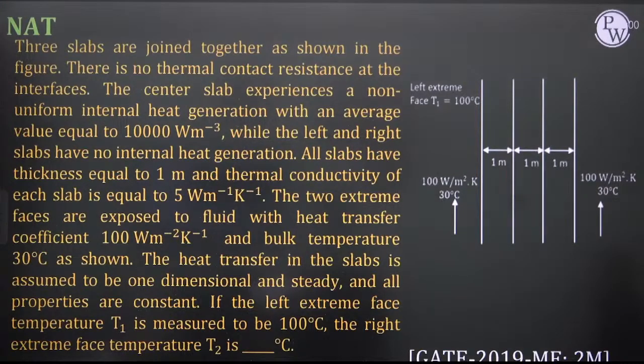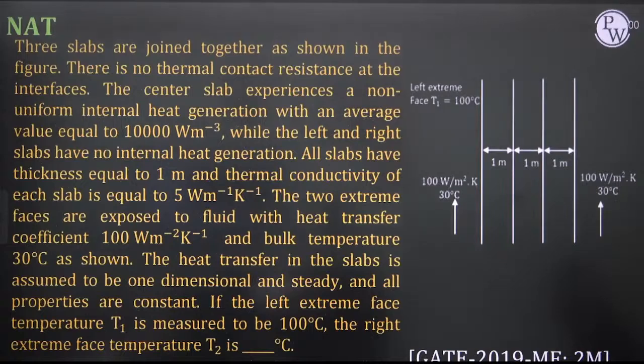There is no thermal resistance at the interface. The center slab experiences a non-uniform internal heat generation with an average value of 10,000 watt per meter cube. Left and right slabs have no internal heat generation. All slabs have the same thickness and the same thermal conductivity, 5 watt per meter Kelvin.